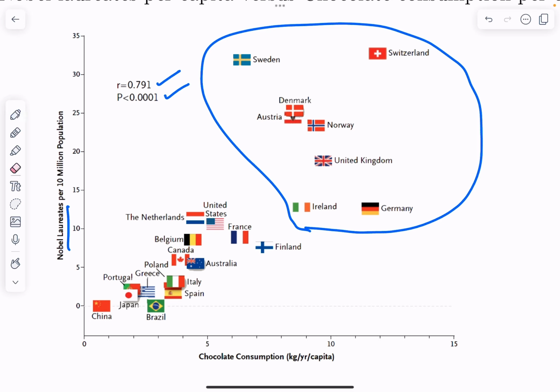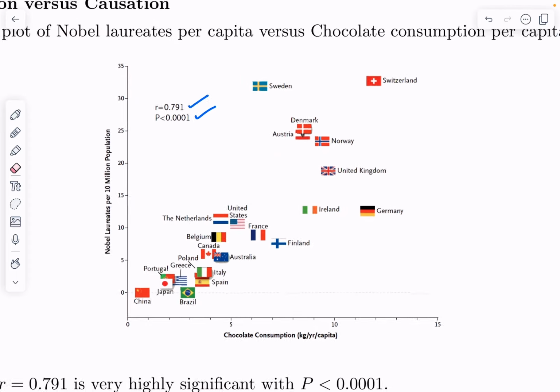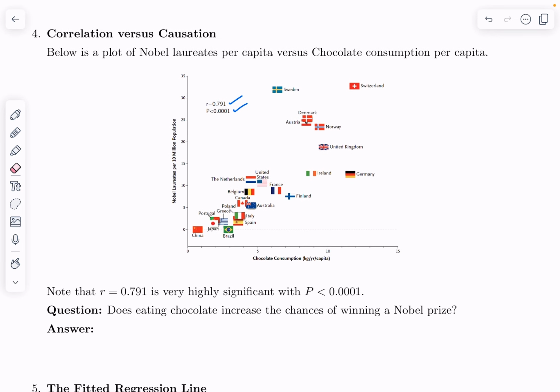And so what you don't have is chocolate consumption causing an increase in Nobel laureates, but instead, possibly a European bias is causing an increase in Nobel laureates. And so I can answer my question, does eating chocolate increase the chances of winning a Nobel Prize? And obviously the answer is no. There must be another explanatory variable.